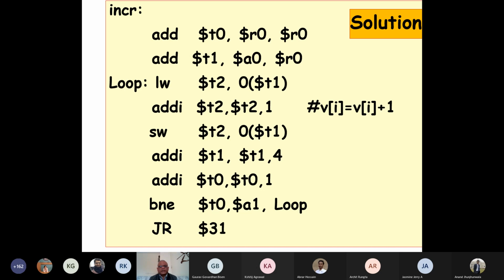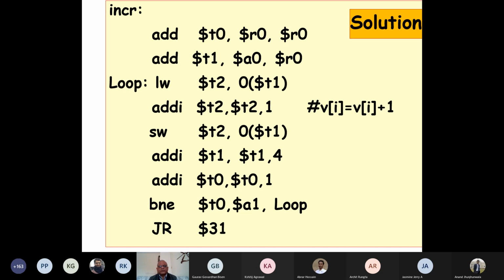Basically, we have moved the array address A0 into T1. Now we set up this loop here and we load the first element of the array, whatever is there in the first address of the array, 0(T1), into T2.